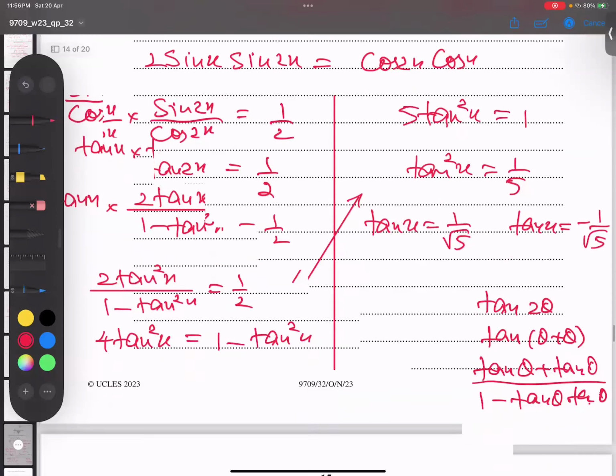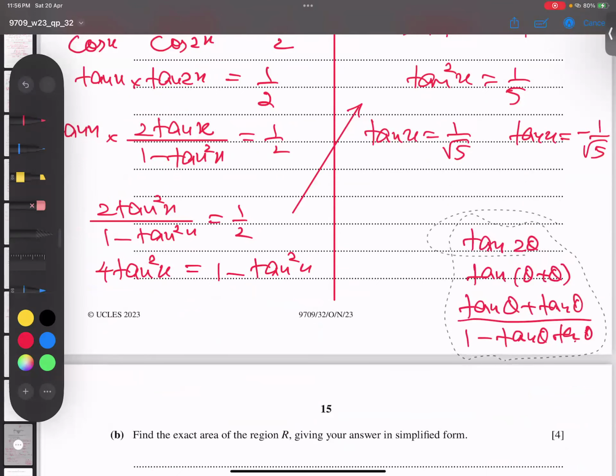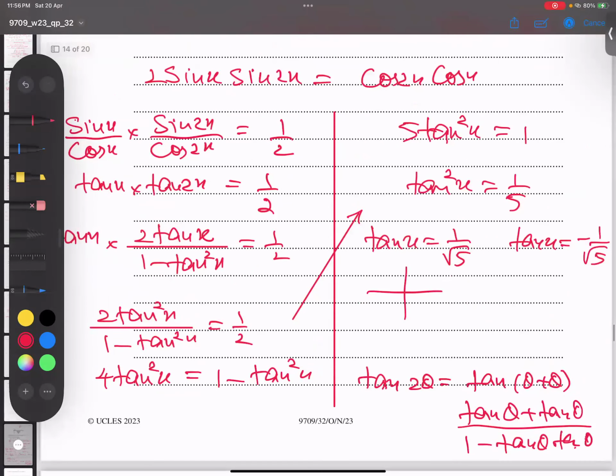Now, a very interesting part I want to tell you here. You know, tan is positive in which quadrants? First and third. And tan negative is where? Second and fourth. So this answer is not needed. So we take tan inverse of the positive root one.